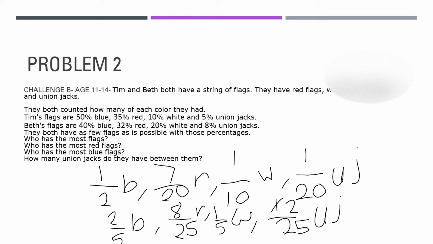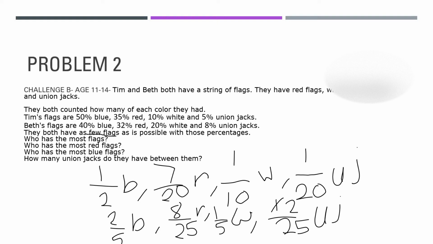So, now let's look at the next step we've got here, which is the lowest common multiple. So if we look at the top one, the lowest common multiple is 20. And why we're looking at the lowest is because there's a key point in this question. It says they both have to have as few flags as possible.